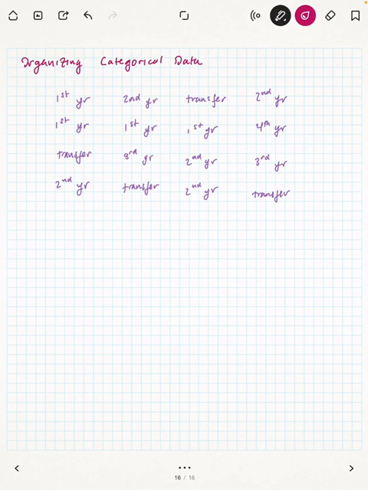We just have the nominal level of measurement for these data. What I have here is a simulated sample of categorical data. Namely, these are descriptors of hypothetical students at ARC, who are either first-year students, second year, third year, fourth year, or they are ready to transfer, meaning they're going to transfer next semester.